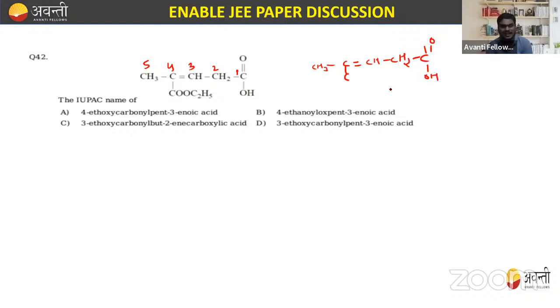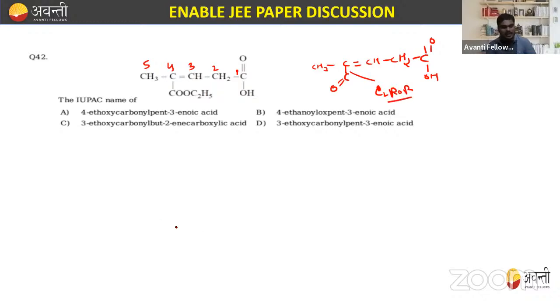Just assume like that. This one has two groups, that is the CO group and the ROR group, right? Yes, beta. That is an ether group, so this is ROR.